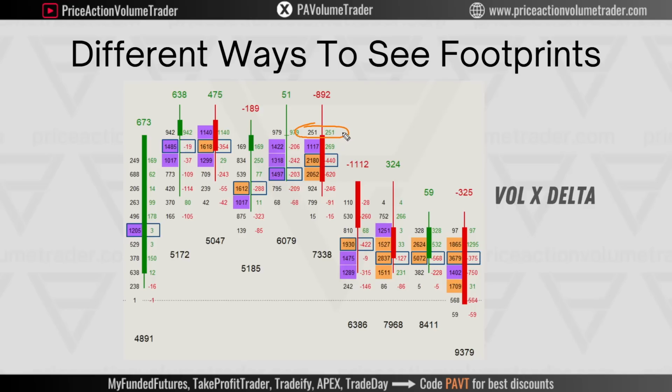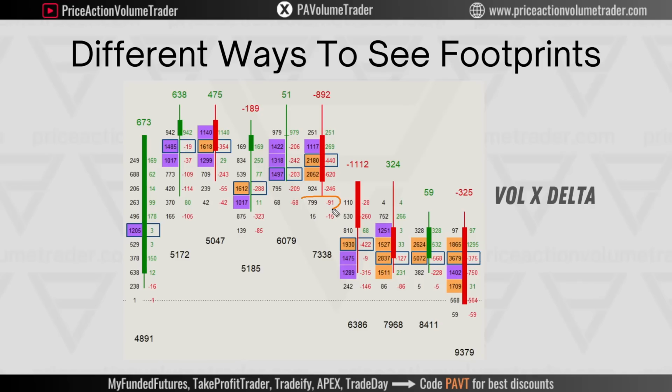So that means that there were 0 sellers and only aggressive buys executed at the top here, okay? Because there was pretty much 251 minus 0, and that gives us that number, okay? Etc. And you can do this for everything.